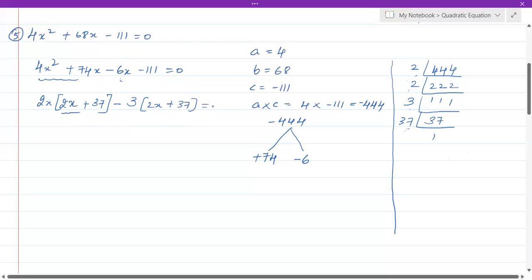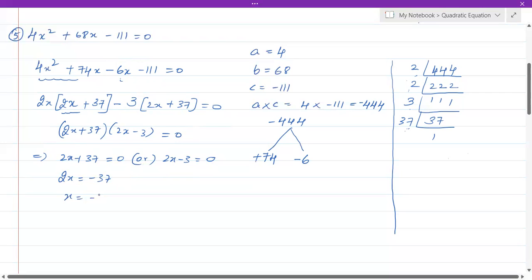Equal to 0. Now the 2x plus 37, 2x plus 37, let's take common. 2x plus 37. The left out thing is 2x minus 3 equal to 0. Therefore, if a into b is 0, implies 2x plus 37 should be equal to 0, or 2x minus 3 should be equal to 0, which implies 2x should be equal to minus 37, or x should be equal to minus 37 by 2, or here 2x should be equal to 3, or x should be equal to 3 by 2.